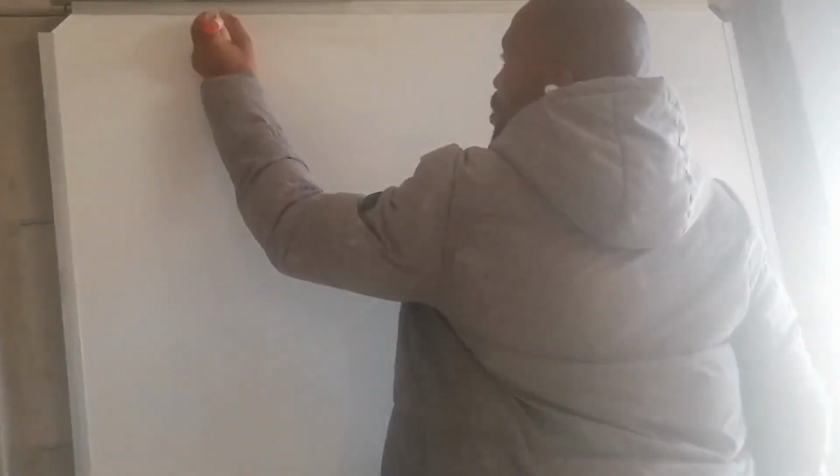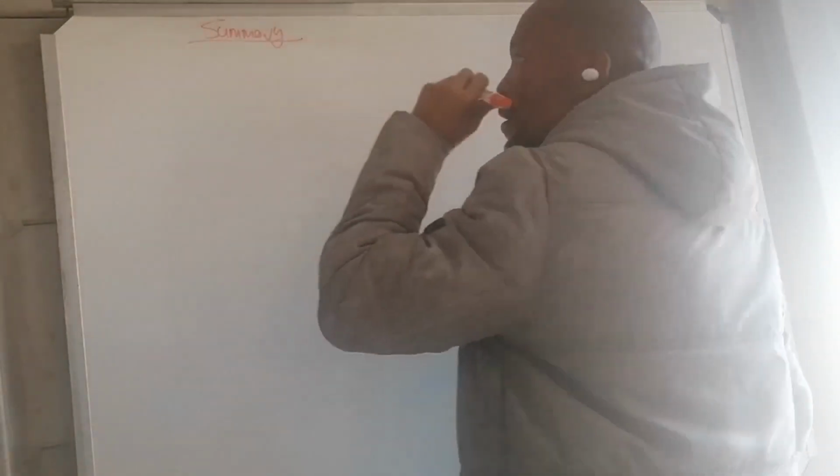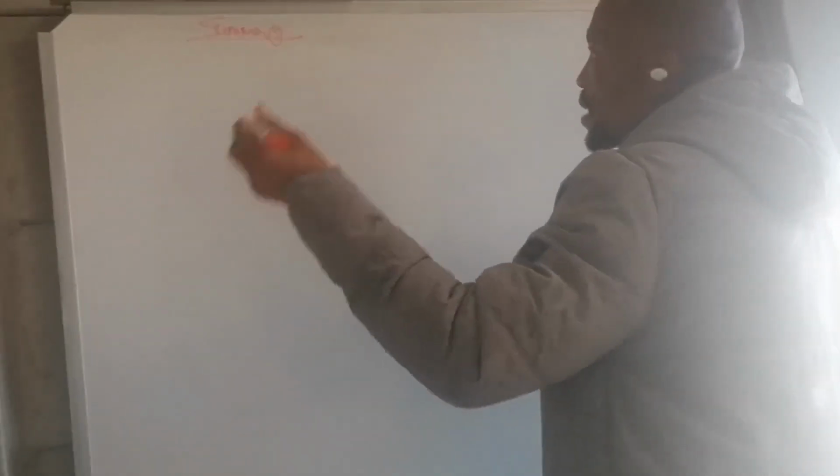Here I think we should try and deal with geometry. Just to summarize, electrical circuits. We already reviewed parallel and series circuits, and we also dealt with the calculations that go with this.